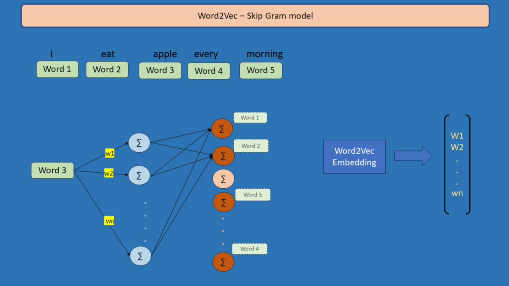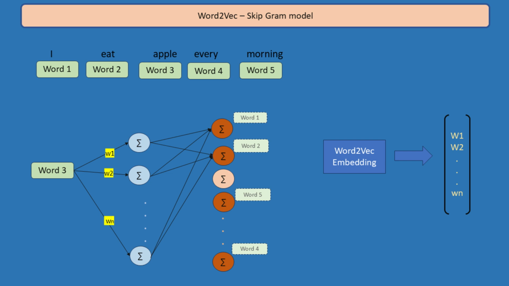Here I am doing just the opposite. I am taking word 3, my target word, which is apple, as input, and I am trying to predict the surrounding words: word 1, word 2, word 4 and word 5.